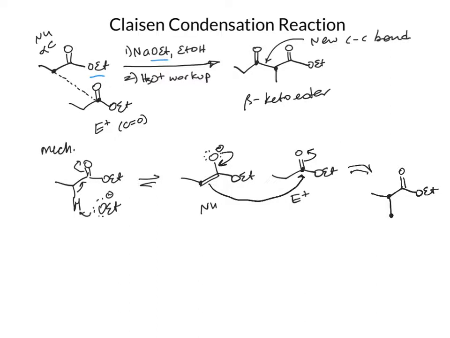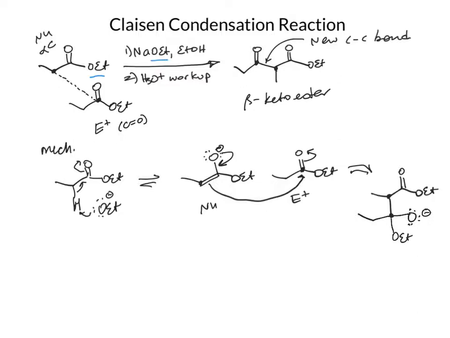And now what do we still have at that carbon? We're looking at this carbon now, and we want to still have these three groups on here. So we still have the ethyl group and the ethoxy group and an O-. So up till now, this is exactly what we expect for what happened with the aldol reaction.